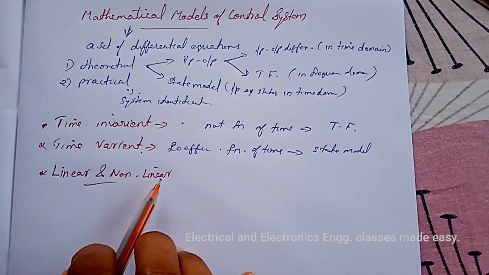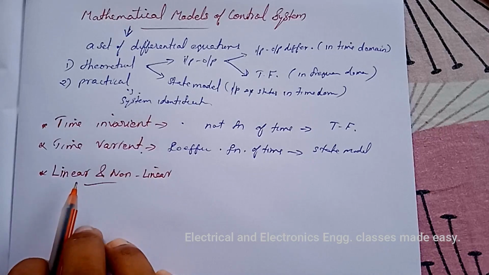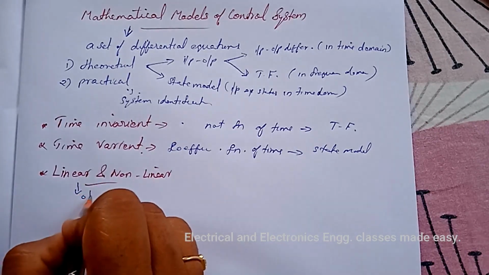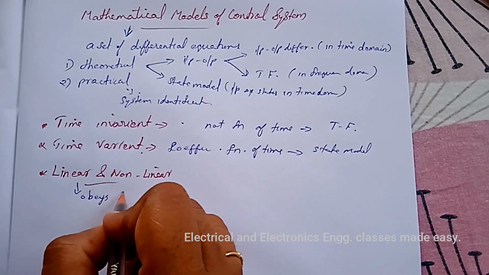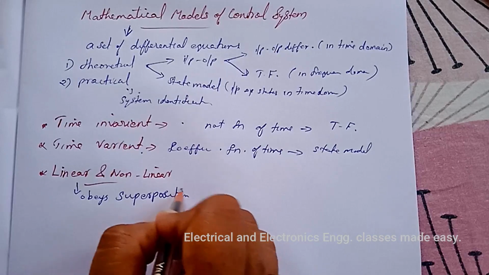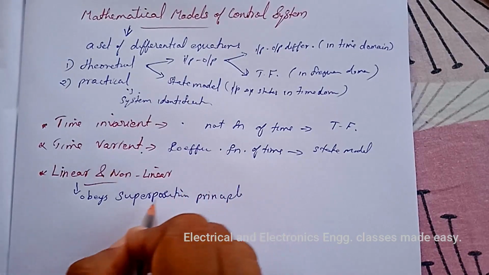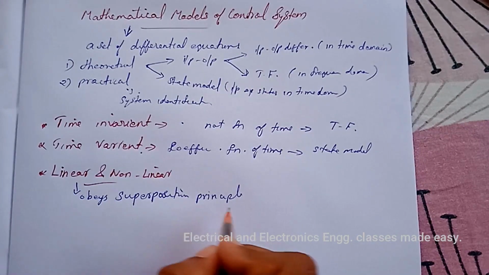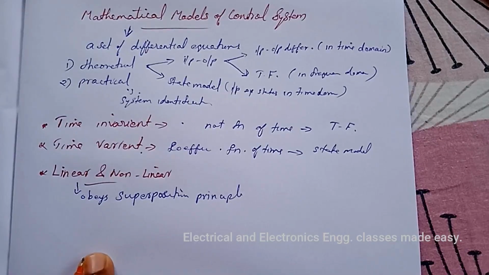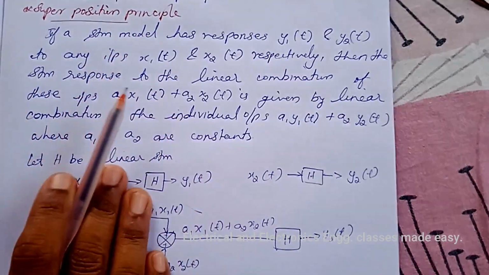Linear and non-linear systems. A system is said to be linear if it obeys the superposition principle. If it doesn't obey the superposition principle, it is called a nonlinear system. So what is the superposition principle?